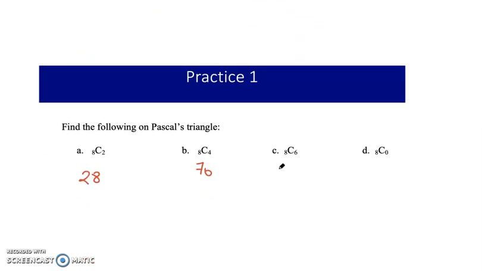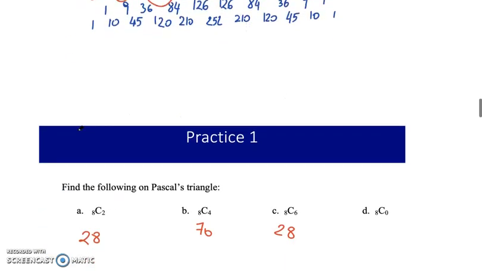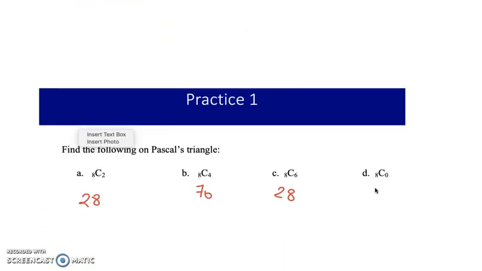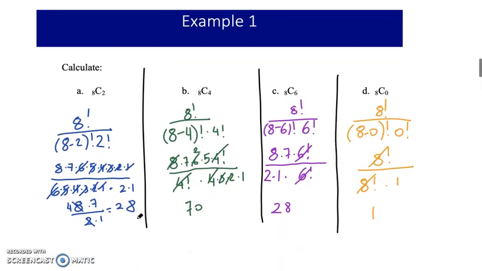And finally, position 0. Position 0 will be the first term here. Every term in position 0 will always have coefficient 1. And these are the same numbers that we saw before when we expanded by hand. There you go. 28, 70, 28, and 1.